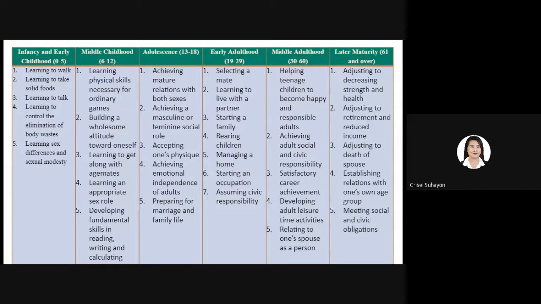And then here we are in middle childhood, 6 to 12 years old: learning physical skills necessary for ordinary games, building a wholesome attitude toward oneself, learning to get along with age mates, learning an appropriate sex role, developing fundamental skills in reading, writing, and calculating, developing concepts necessary for everyday living, developing conscience, morality, and a scale of values, achieving personal independence, and developing acceptable attitudes toward society.